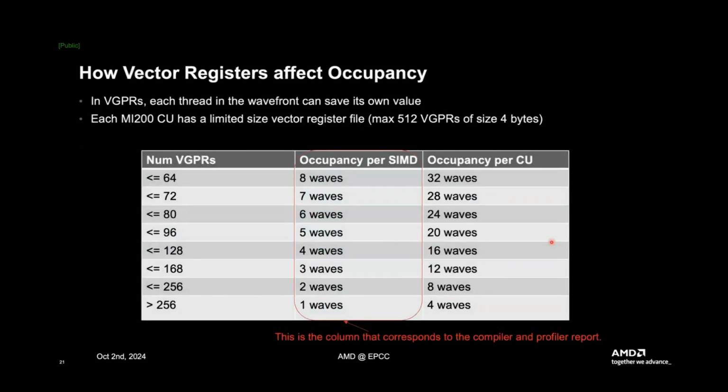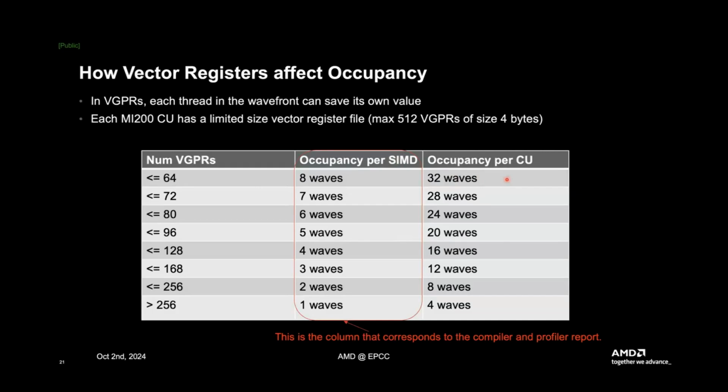When it comes to vector registers, we have a maximum of 512 VGPRs of size 4 bytes. So it is a limited size file. If each wave is going to use less than or equal to 62 registers, then 8 waves per SIMD, or 32 waves per CU, the full occupancy can be accomplished.